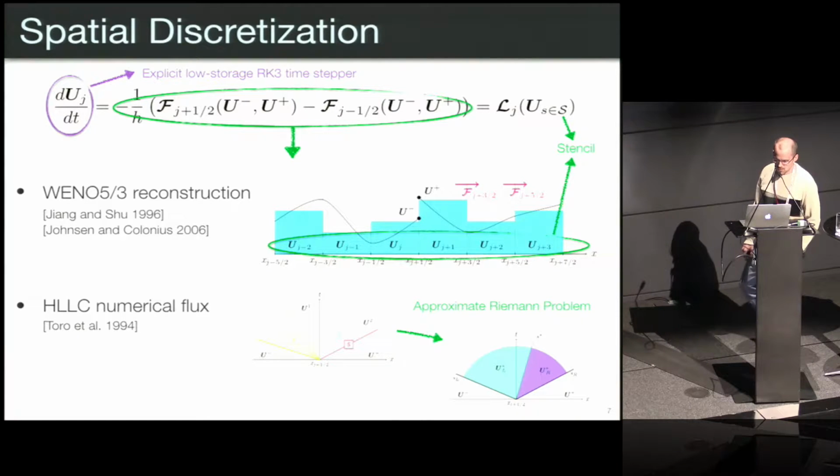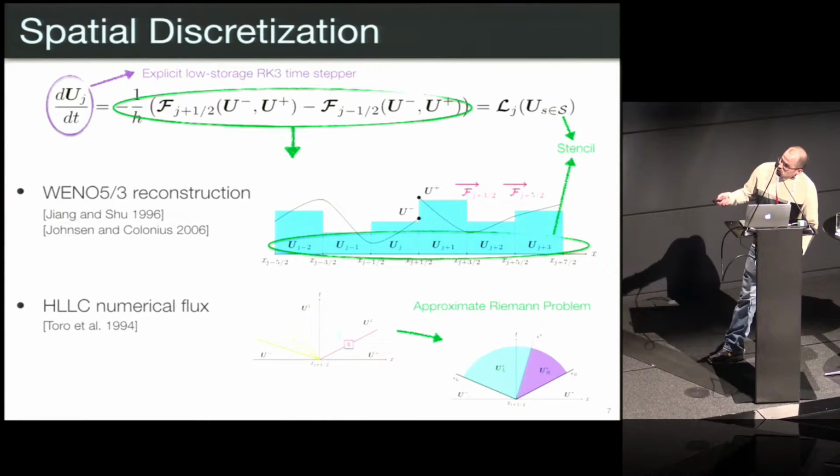The second step consists of evaluating an approximate Riemann problem. In our case, we want to compute the flux that crosses the cell faces, and we do this by using an HLLC numerical flux, which is superior for interface problems.